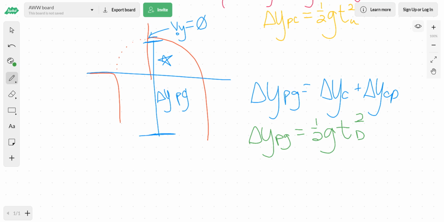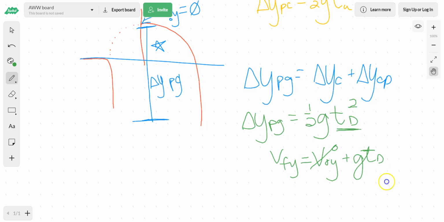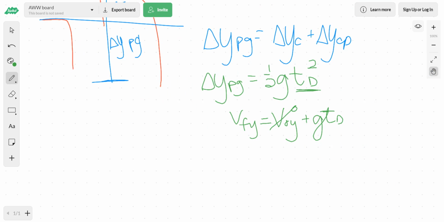Then you can use this time in this equation: V final y is equal to V initial y plus gravity times time. V initial y is the peak, which is 0. So your V final y, which is how fast it hits the ground in the y direction only, is whatever your value for time is multiplied by gravity, because your V initial went away.